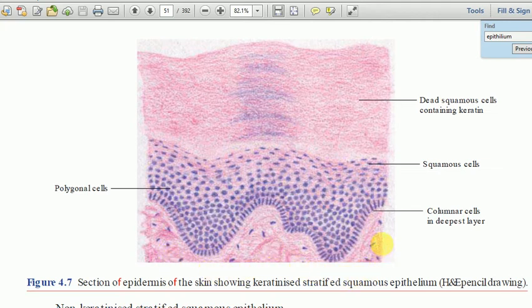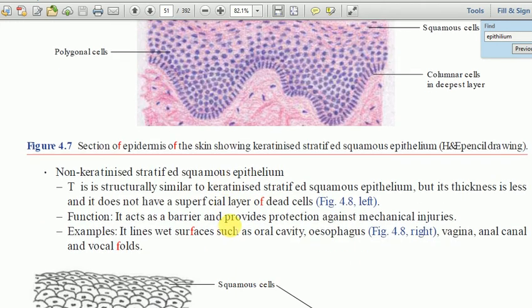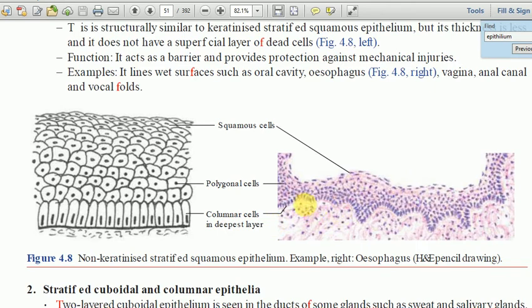So you see how the layers have been arranged in the section of the skin. But in non-keratinized, as you can see here, we have no keratin at the top here. So the arrangement of the cells is the same, but we have no keratin.